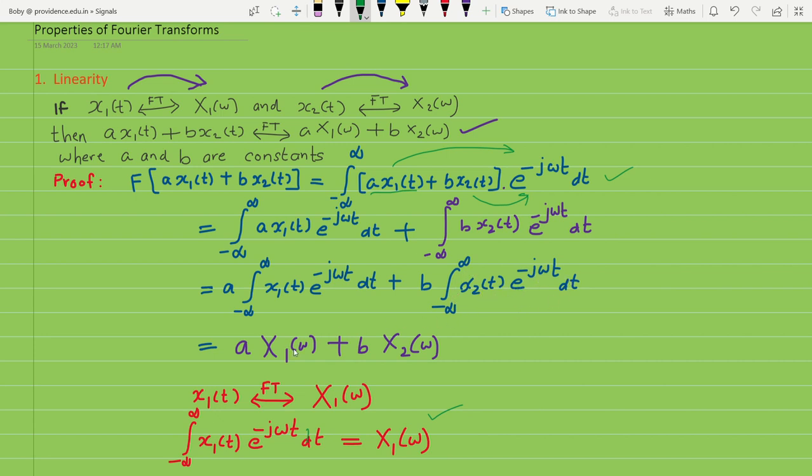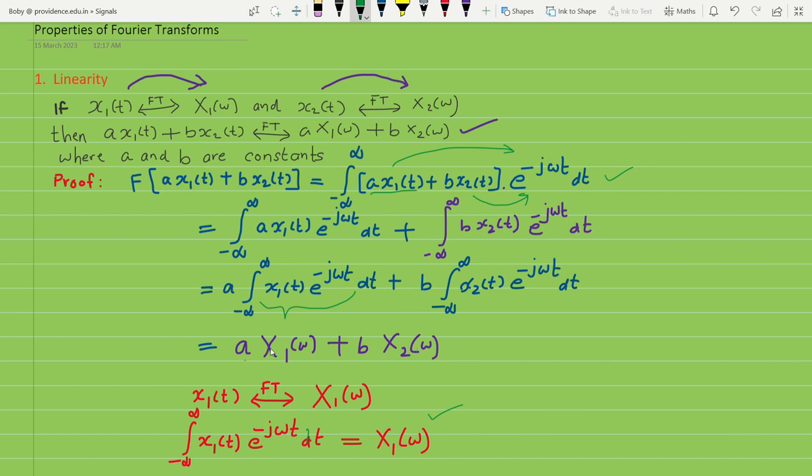So that is nothing but a into X1 of omega plus b into X2 of omega, because as per the definition of Fourier transform, the integral of x1 of t e raised to minus j omega t dt is nothing but X1 of omega. Similarly, the integral of x2 of t e raised to minus j omega t dt is X2 of omega. So we can see the Fourier transform of a x1 of t plus b x2 of t is nothing but a X1 of omega plus b X2 of omega.